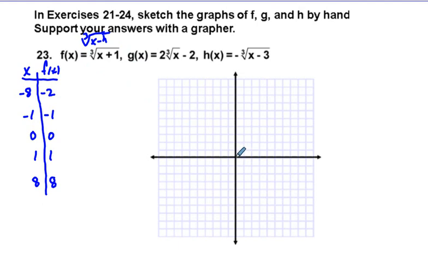So let's go ahead and sketch the curve in here. We have negative 8 comma negative 2, negative 1 comma negative 1, 0 0, and then 1 1, and 8 2. So this is what our curve is going to look like.